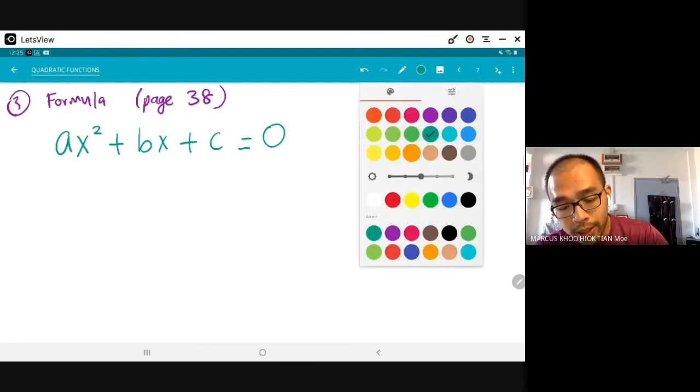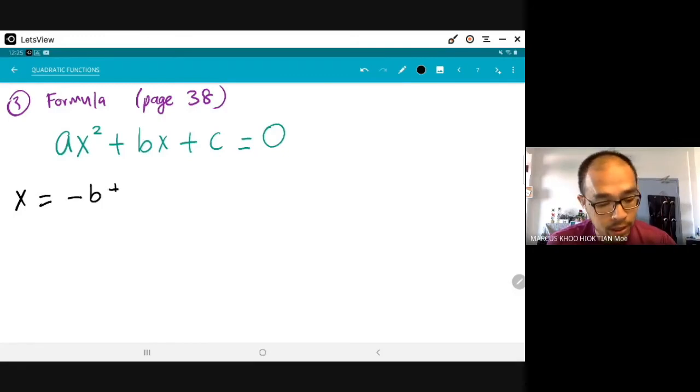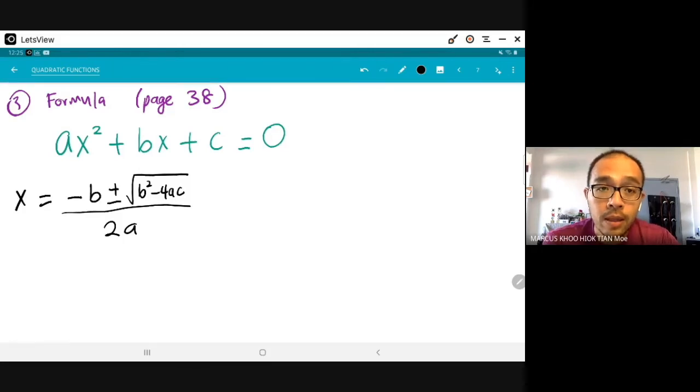And the formula is, kalau kamu mau cari x, all you have to do is just put a, b, and c into this formula: negative b plus minus square root of b squared minus 4ac over 2a. I repeat, negative b plus minus square root of b squared minus 4ac over 2a.